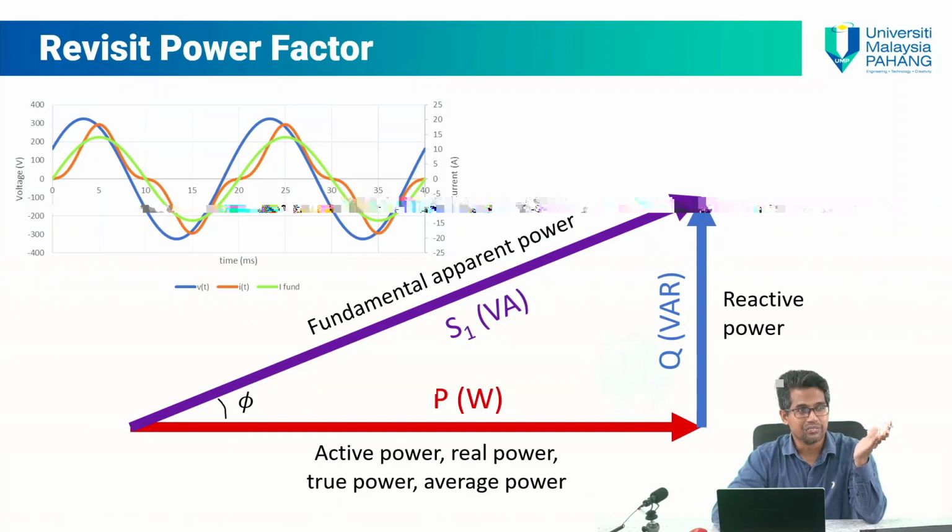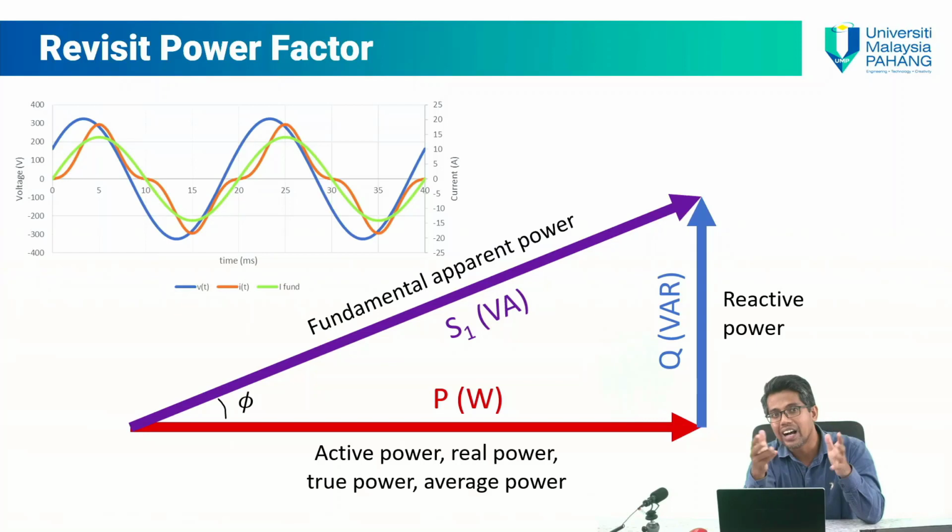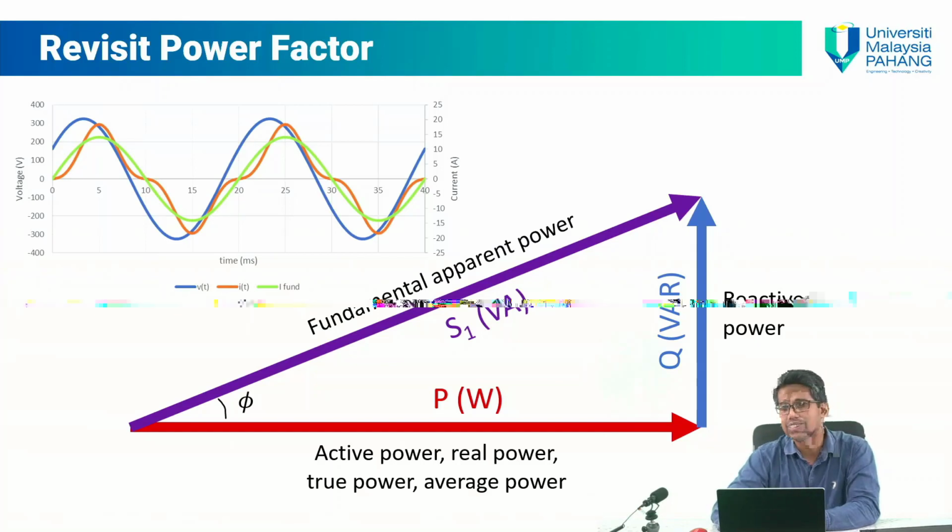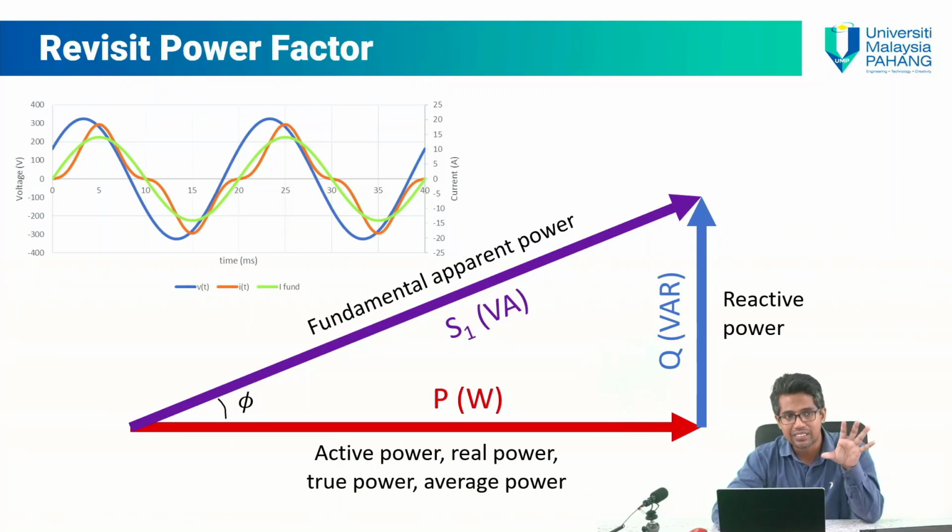Now, what happened here? You see the green waveform, that's the fundamental of the orange waveform. The orange waveform is the total current, consisting of the green and harmonics. As you can see, the total current is not sinusoidal, it's distorted. So how does this contribute to power factor?